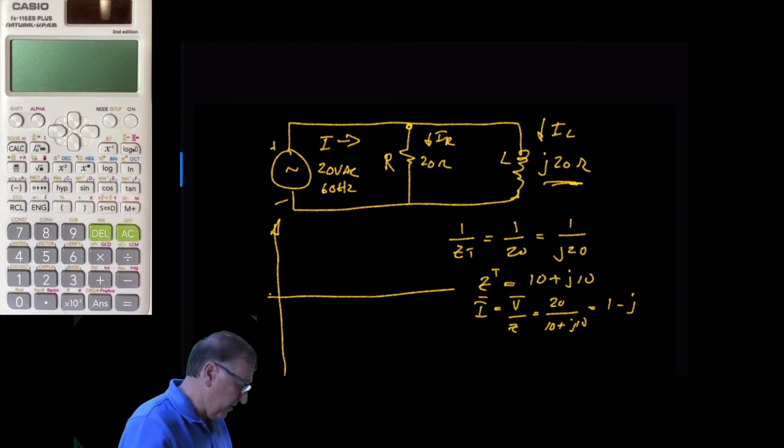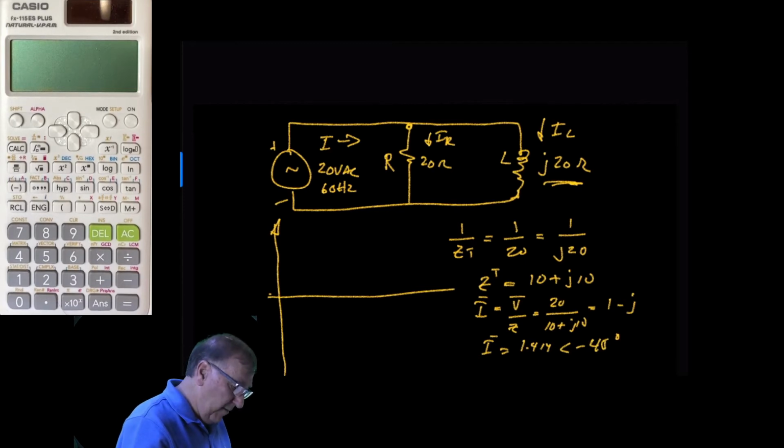For right now, I'm just going to show you what this will look like. So the current then is 1.414 at an angle of minus 45 degrees.